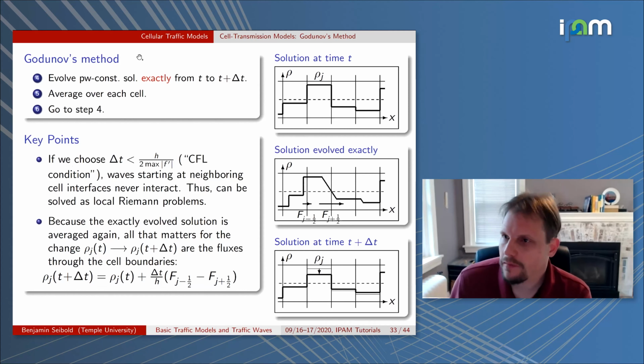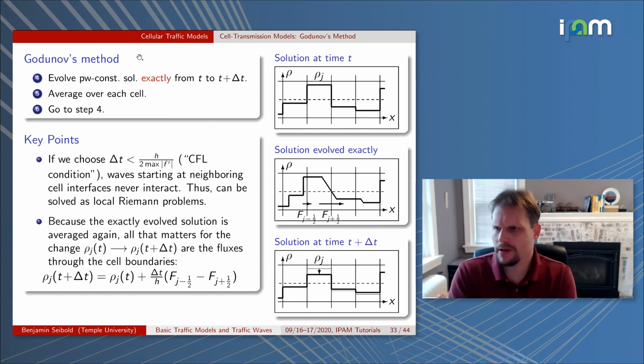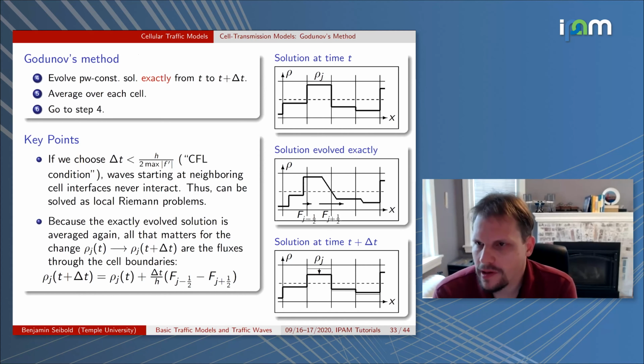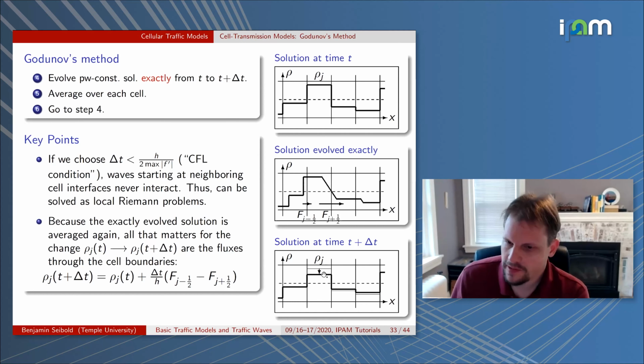Now, of course, you don't want to implement a method where you implement the exact solution. And it turns out, of course, you don't need to, because all that matters for the change of the state from one step to the next is actually how much flux went through the two cell boundaries. So if I want to know how much the state got lowered here, I just need to know how many cars were moving through that boundary, and how many cars were moving through that boundary.